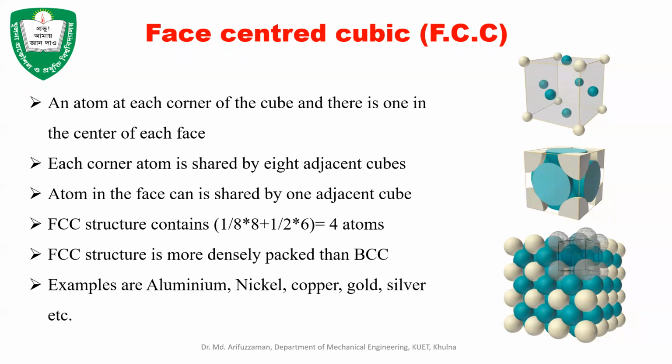The examples are aluminum, nickel, copper, gold, silver, and also gamma iron, which has a face-centered cubic structure. We'll talk about those actually, the delta iron, gamma iron, and alpha iron. There are 3 types of iron that can be produced depending on the temperature at which you are treating it.